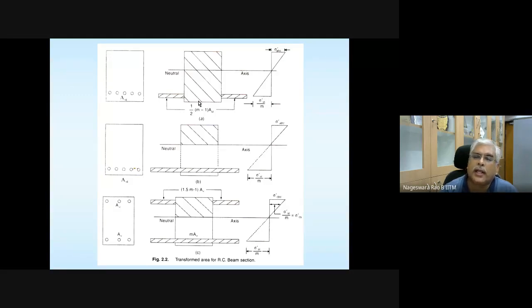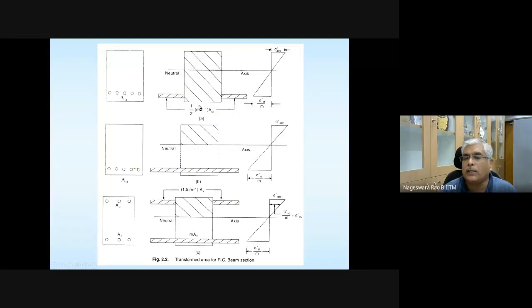And also we need to take care of whatever portion of concrete is replaced by the steel. So that's why you have M minus 1 AST. Here in this figure it is shown as though it is disposed equally on either side, so half of M minus 1 AST.